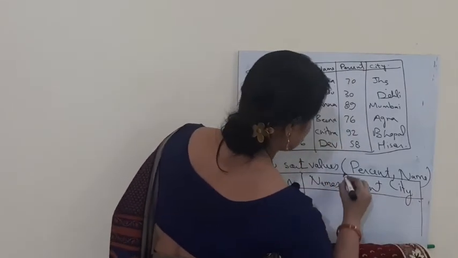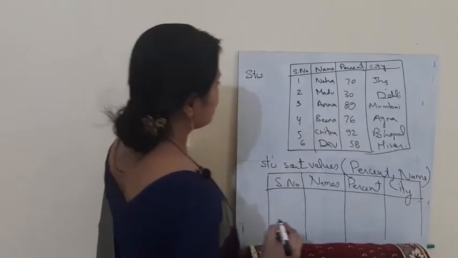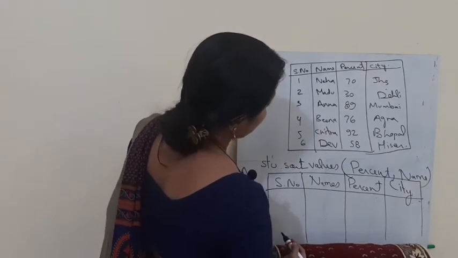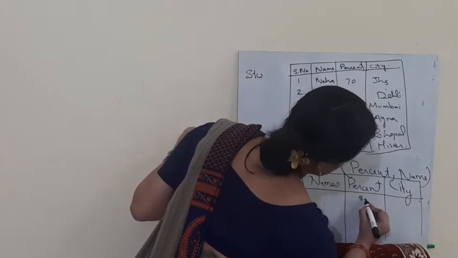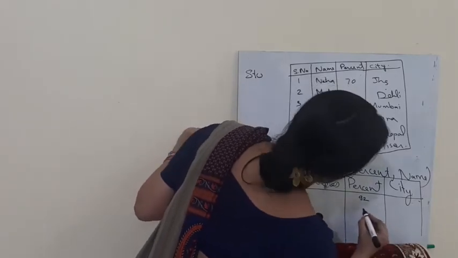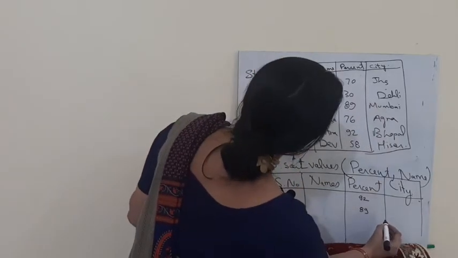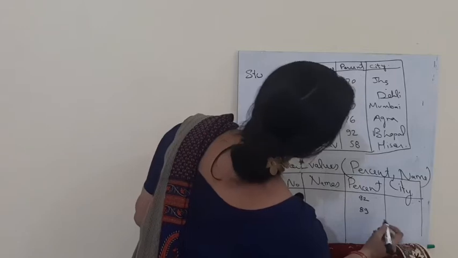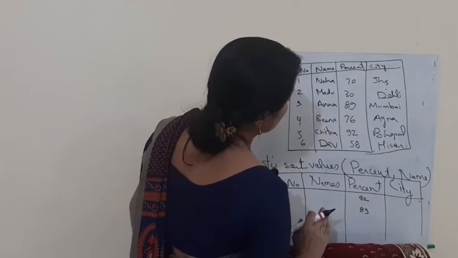See children, I am just trying to explain. Maybe when the school opens we will do it again if you are not able to do it. The first percentage that I find is the highest percentage, that is 92. Then the next percentage is 89. Then next, let me see. Let me put two values of the same.